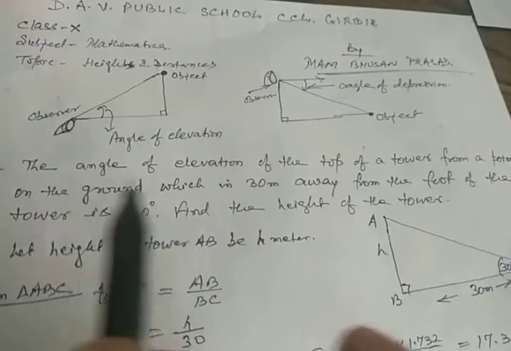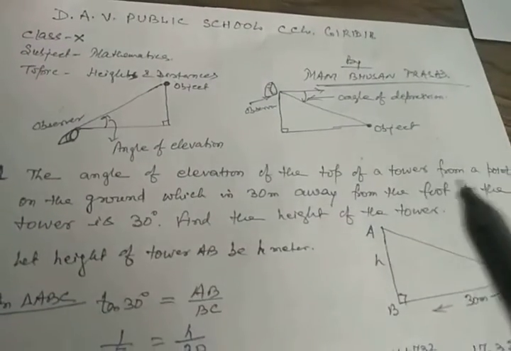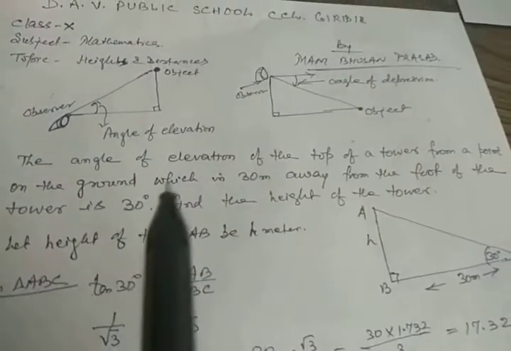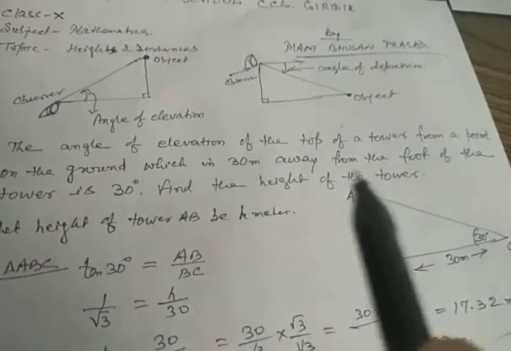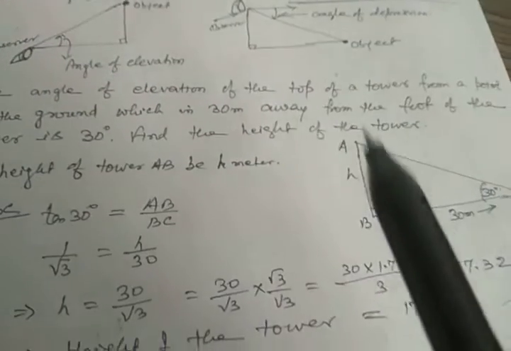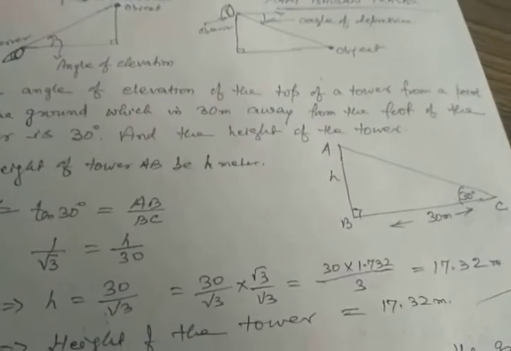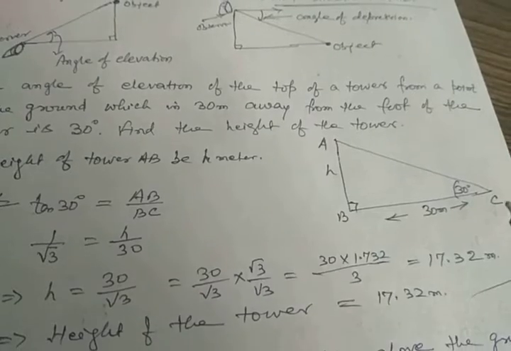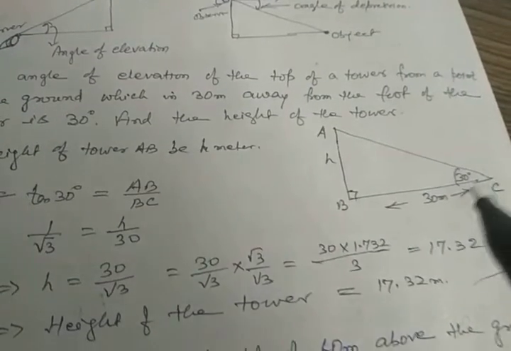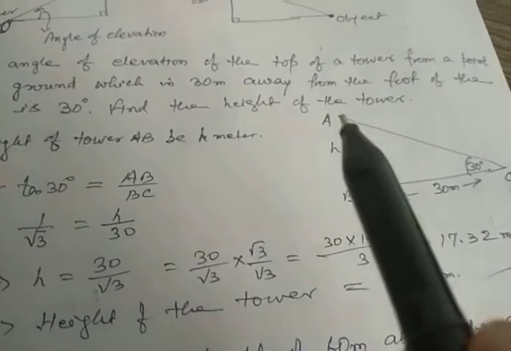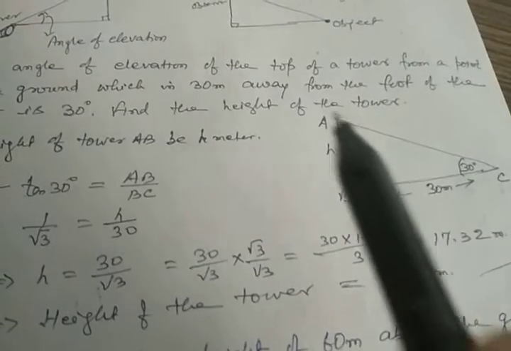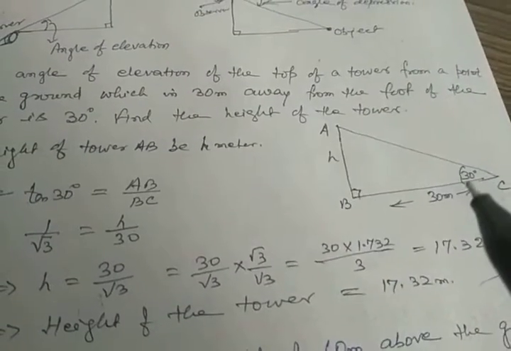So just see: the angle of elevation of the top of a tower from a point on the ground, which is 30 meter away from the foot of the tower, is 30 degree. This is your tower and the observer is here, 30 meter away from the foot of the tower, and he observes the angle of elevation of the top of the tower, how much? 30 degree.